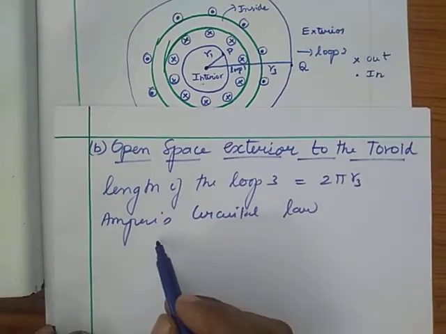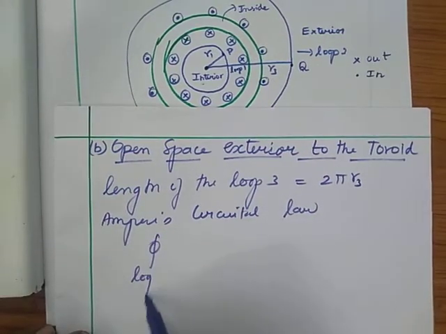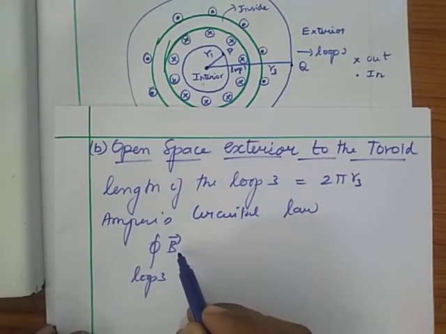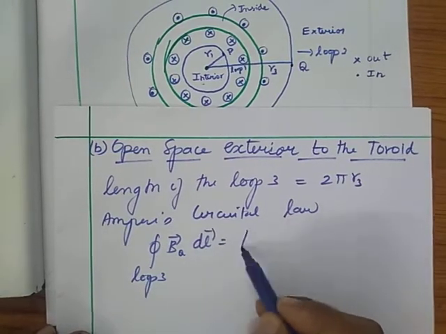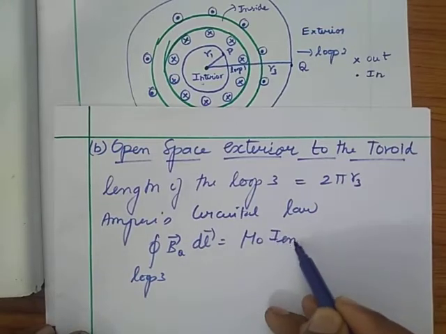That is the closed integral of loop 3, B vector at Q dot dl vector, is equal to mu naught I enclosed.